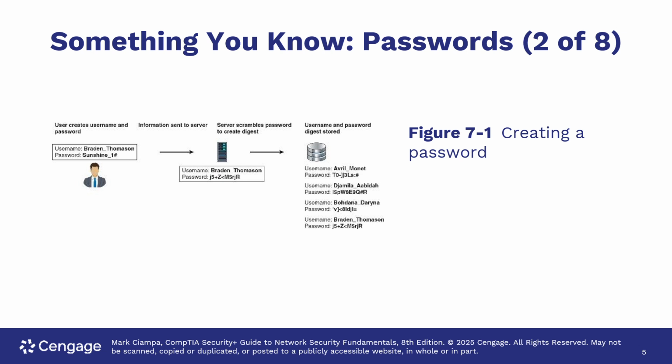In this case, it's just encrypted to JS plus Z $MSRJFI. That's what you can see it stores in the database: Braden Thomason and then the encrypted password.